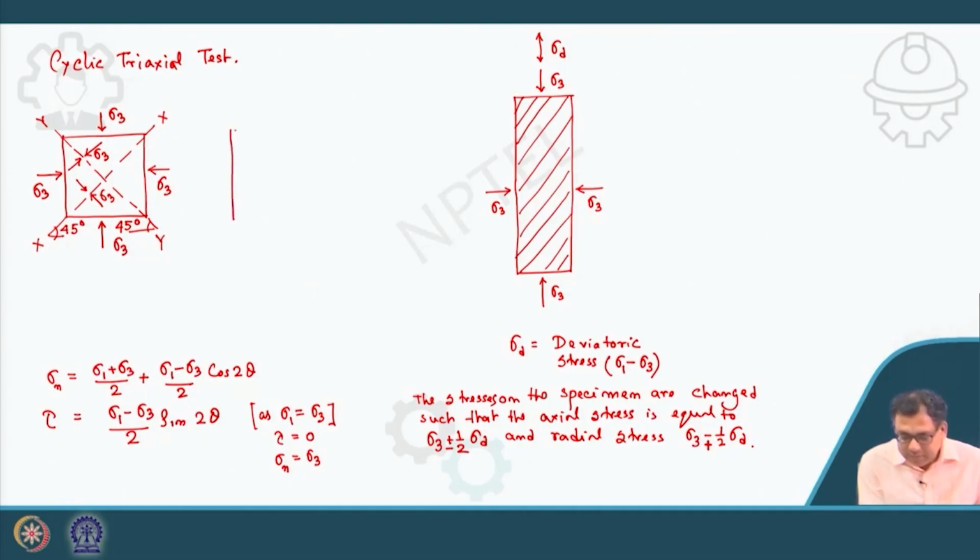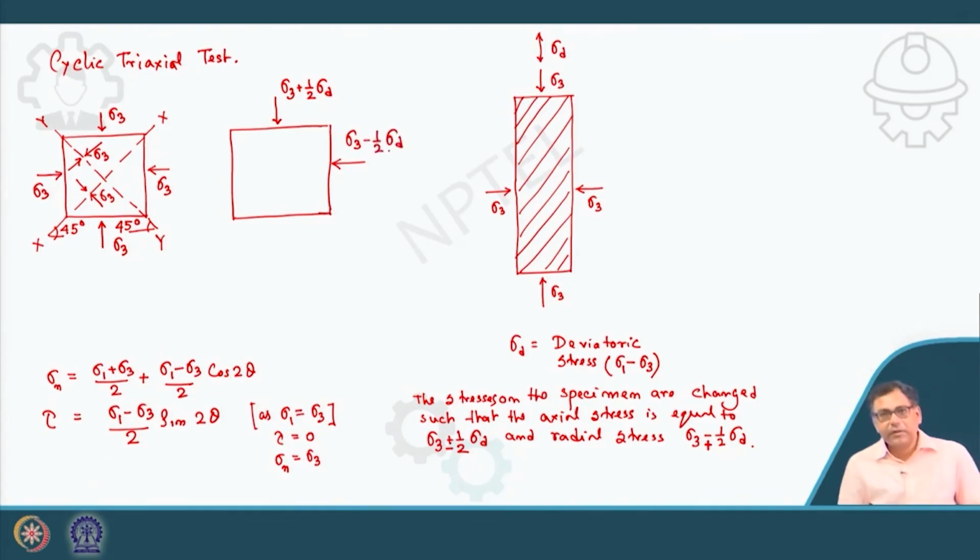So if these are the stress conditions, then on the same soil specimen or soil element I can draw that my condition is: axial stress is sigma 3 plus half sigma d, and radial is sigma 3 minus half sigma d. This is the first case. So this is stage 1, the consolidation stage.